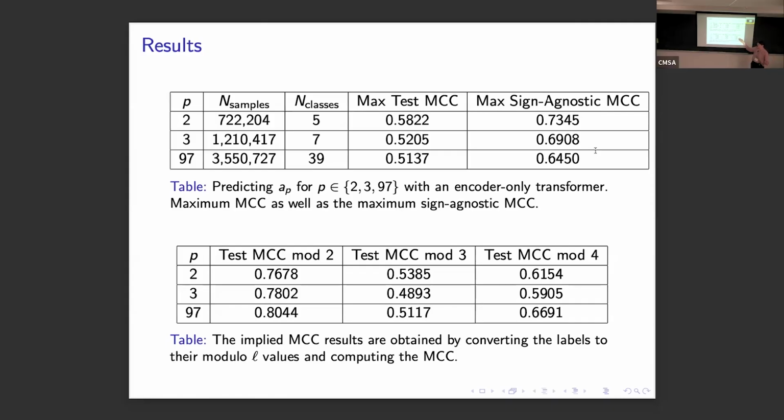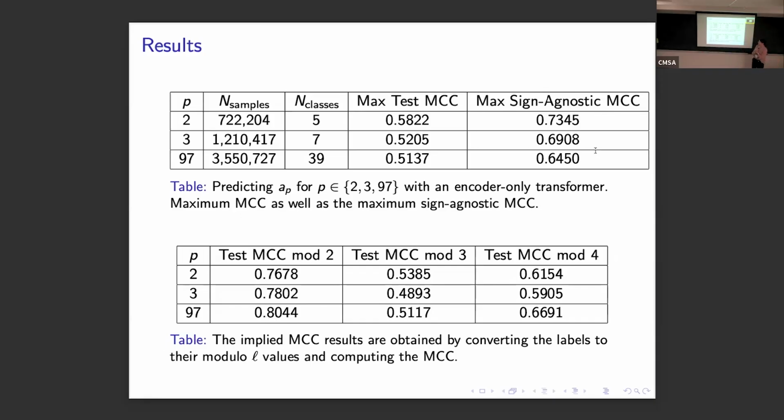When we're looking at 97, we had 3.5 million in the training set. In each case, for the test set, we took 10,000 curves that were not in the training set. Maybe we're not using the rule of 80% training, 20% test, and maybe some validation, but we thought hopefully 10,000 curves will give us a good idea of how the model performs.